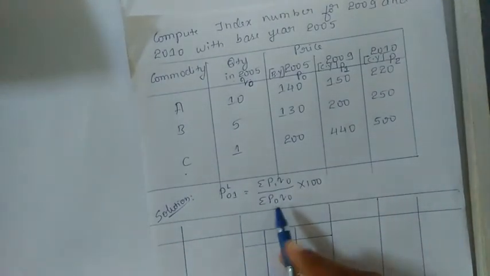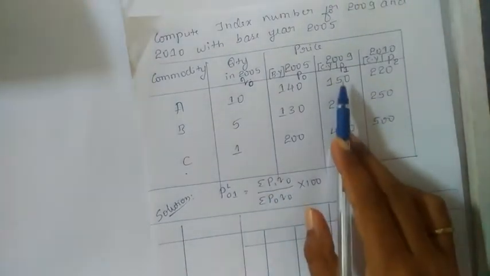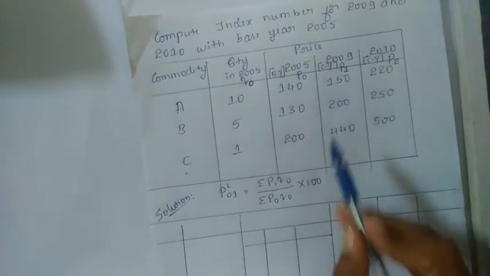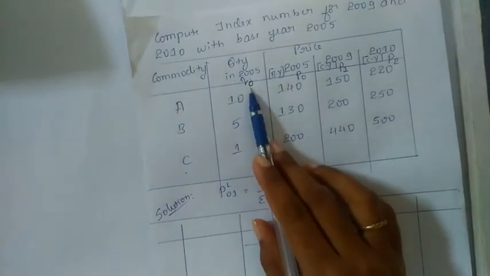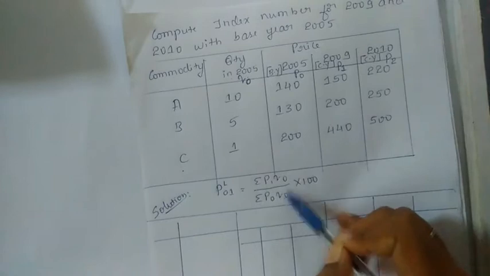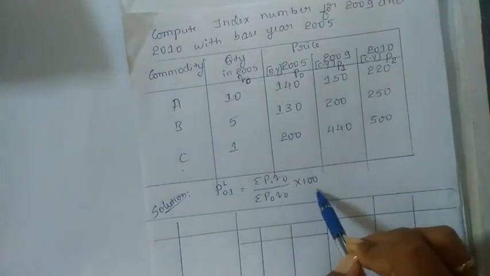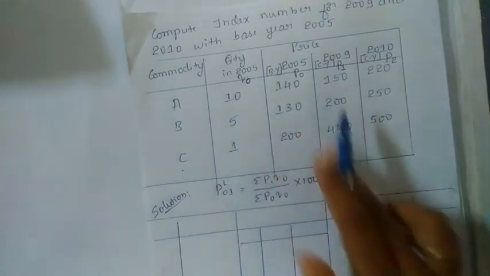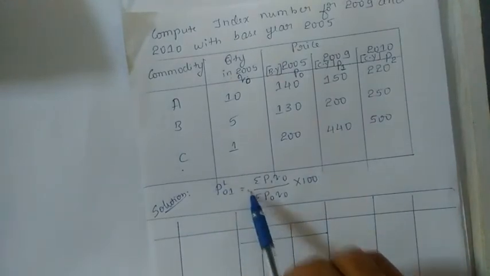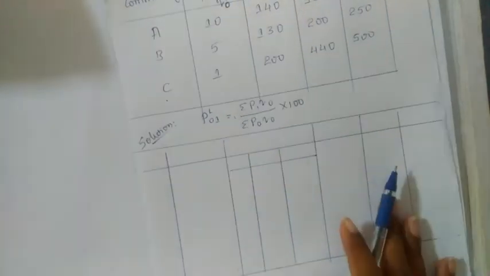Observe here, P1 value is given, isn't it? In the question they gave the P1 values, then Q naught is also given. Next, P naught is also here, Q naught is also here, multiplied by 100. So this is related to the Laspeyres price index number.